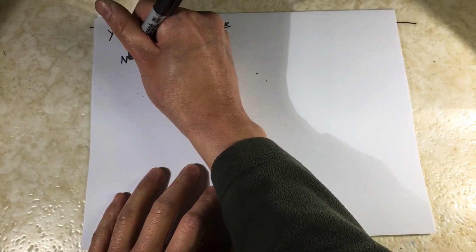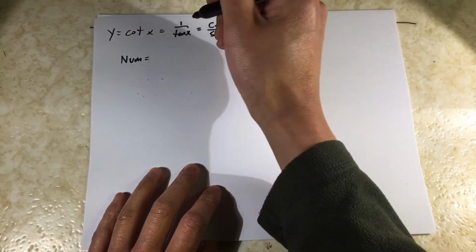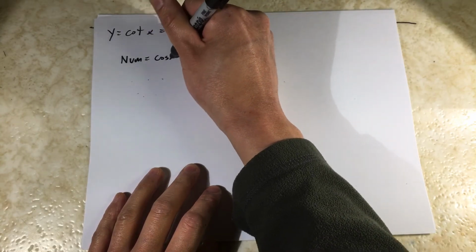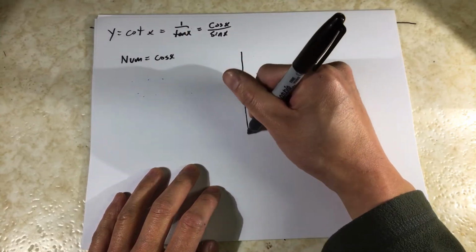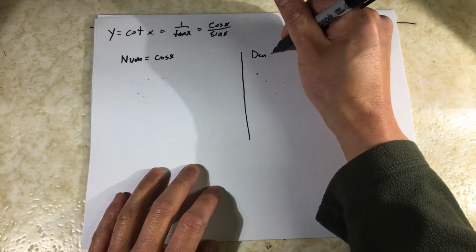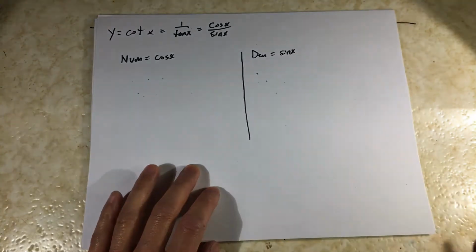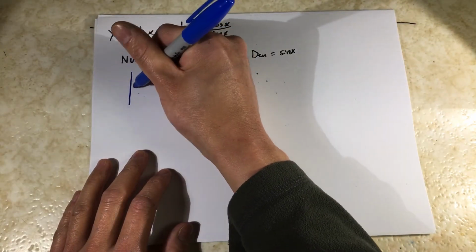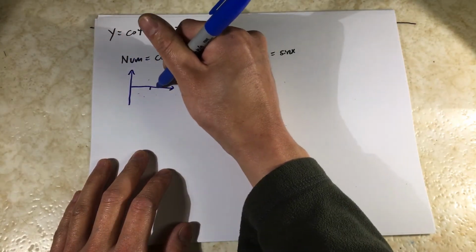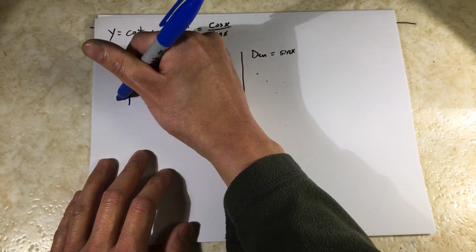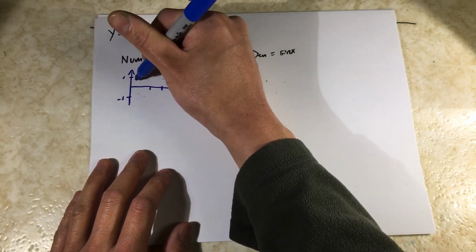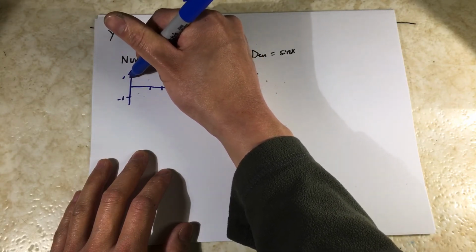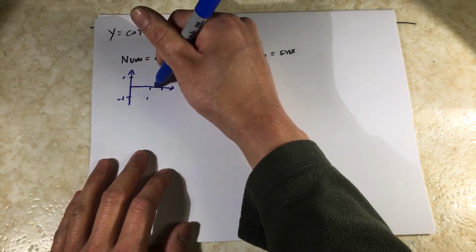So let's do cotangent is cosine x over sine x. And we'll do the same thing. Numerator is equal to cosine x, and denominator is equal to sine x. So cosine x looks something like this.